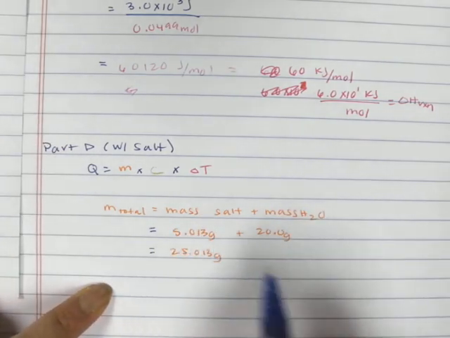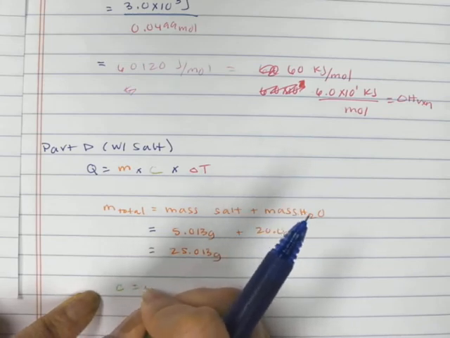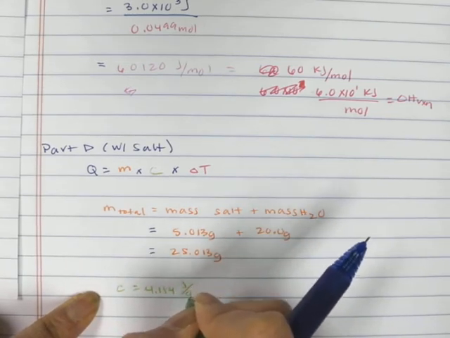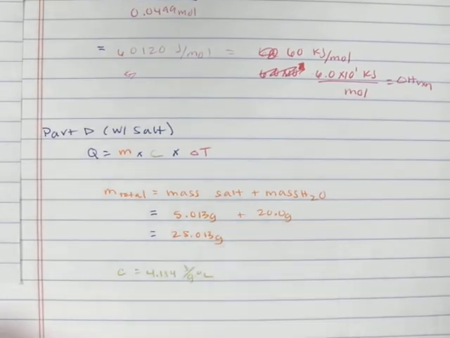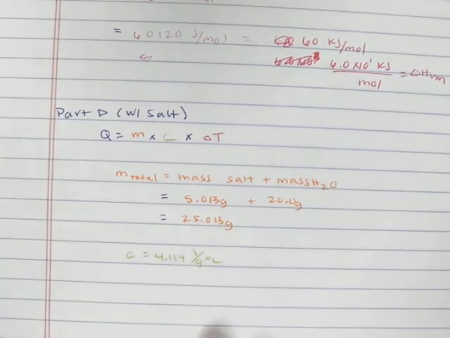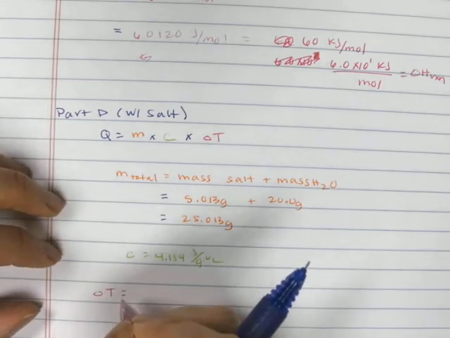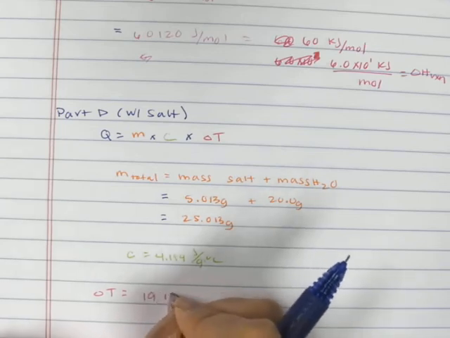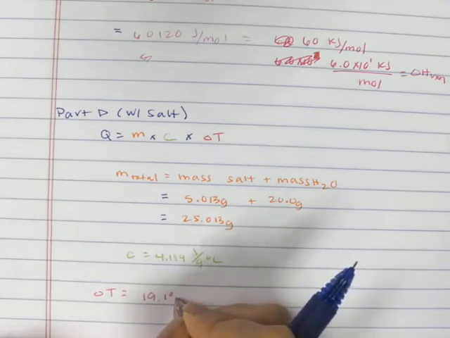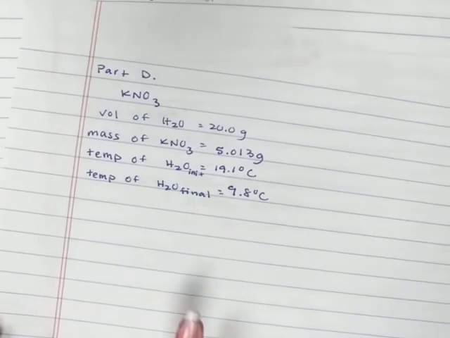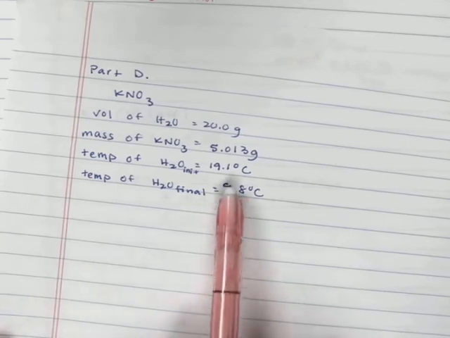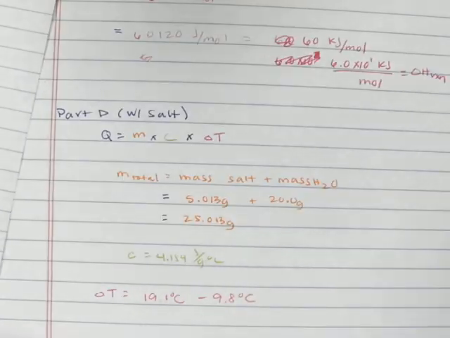And then c is the same. And then delta T. Again, my temperature final was 9.8, and then the initial was 19.1. So I'm just going to switch these around here.